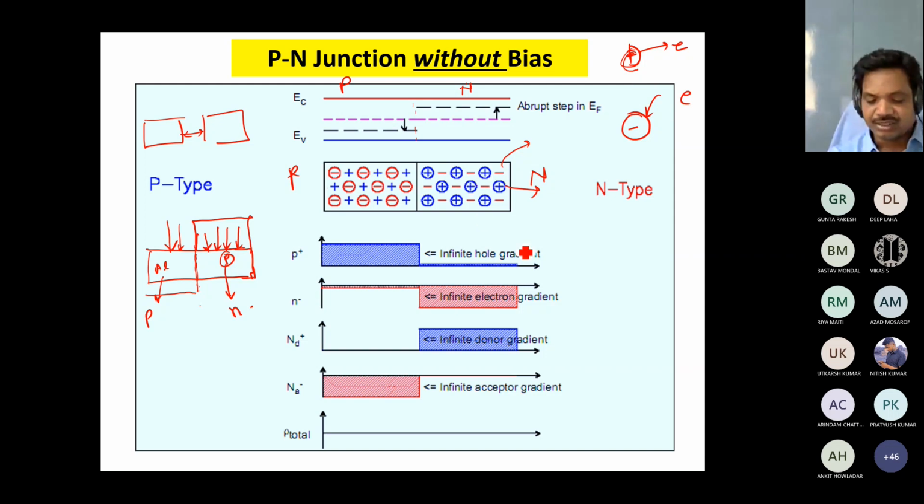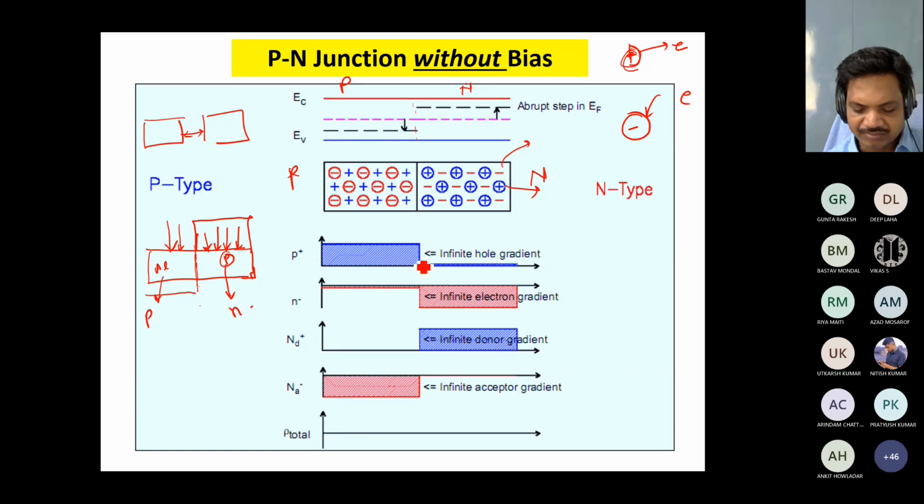Now, with this, see how the holes are distributed. Holes are positive charge particles; this plus symbol indicates positive charge carriers. Can you see the distribution here?